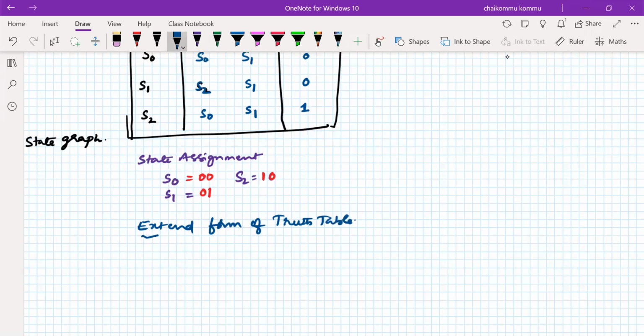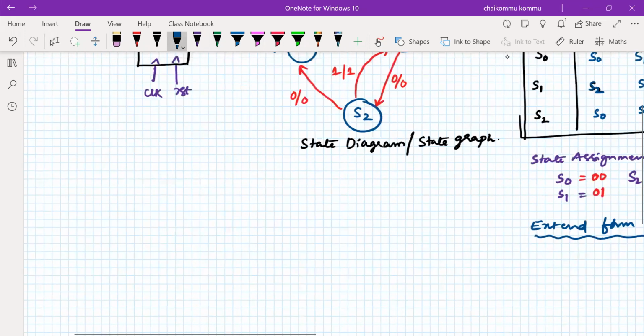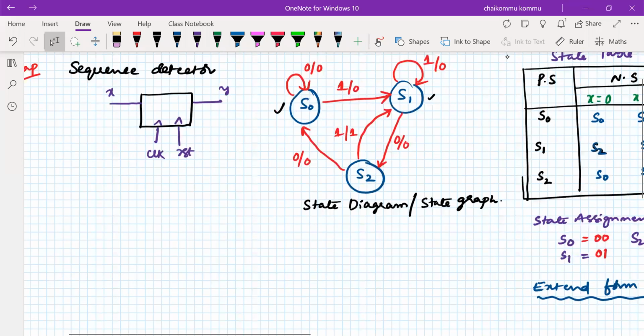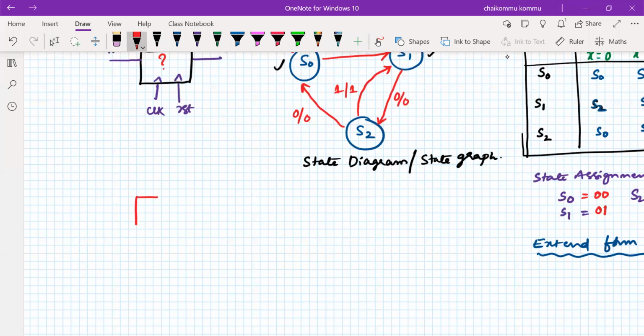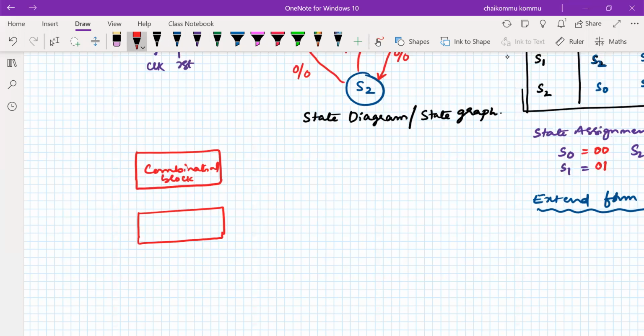Okay, if you want to develop the extended form of the truth table, first we should know what is the content available in this particular main block. Since it is a sequential circuit, everybody knows that, a sequential circuit consists of a combinational block, and it also has memory.